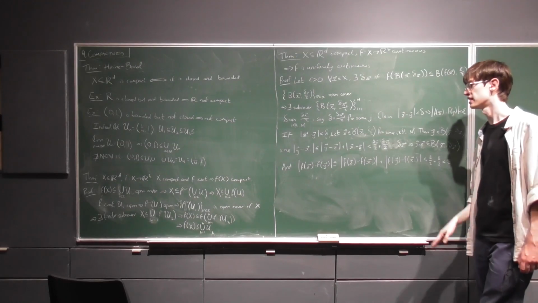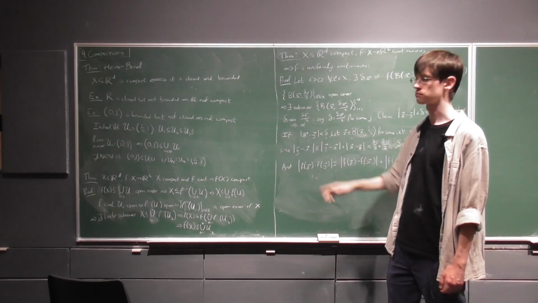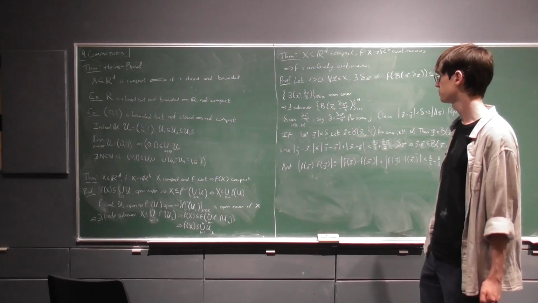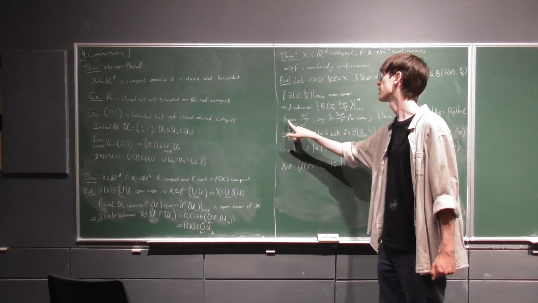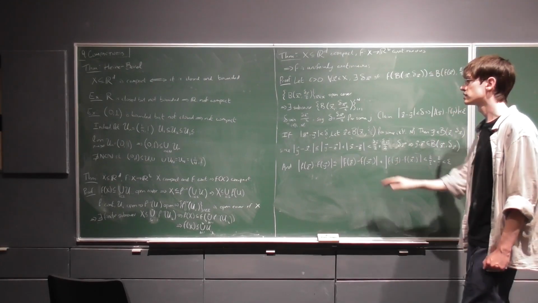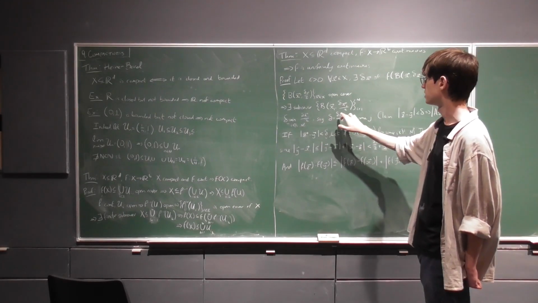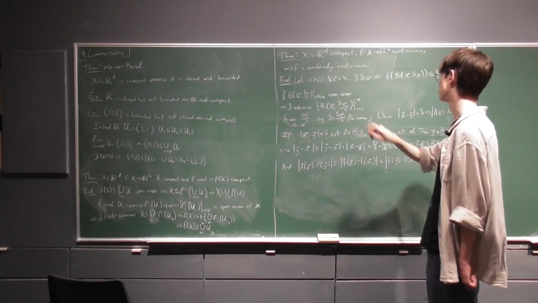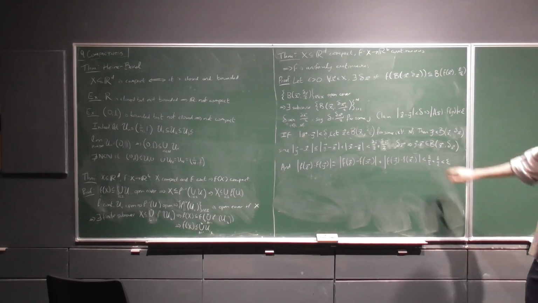The minimum of a finite set will always exist. Just look at finitely many of them and find the smallest one. Let that be our delta, and I claim this is going to be the global delta that works. Let's just call that delta xj over 2 for some j. So I'm claiming that this works.